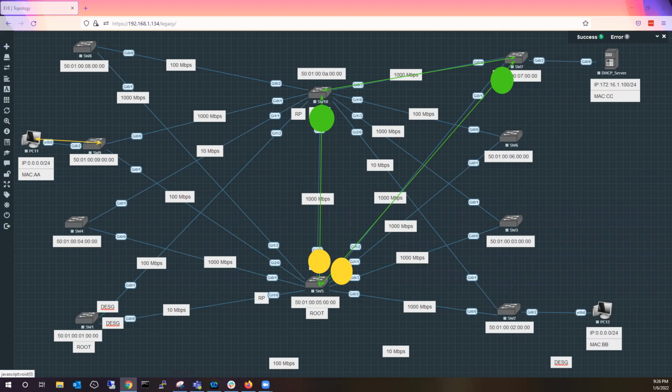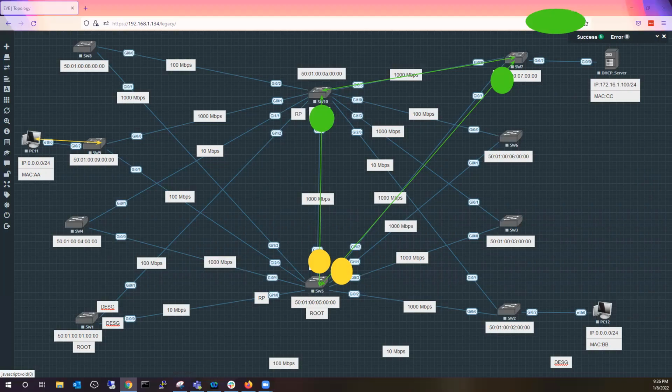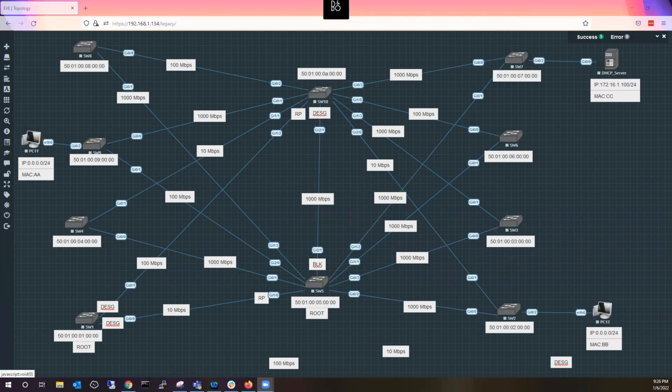Okay, so I'm thinking I'm going to block, trying to think about which one I'm going to block. This is the root. Okay, I am a little stuck here.